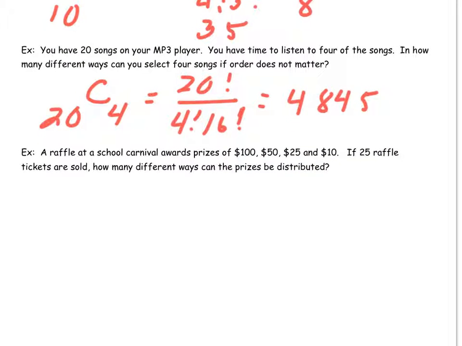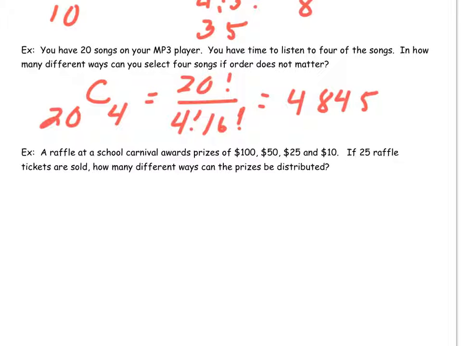Last problem, we have a raffle at a school carnival awarding prizes of $100, $50, $25, and $10. If 25 raffle tickets are sold, how many different ways can the prizes be distributed? Now, I'd want to ask you here, do you think order is important? If the first ticket drawn is getting $100, then wouldn't you want to be that first person? So order actually is very important on this problem.